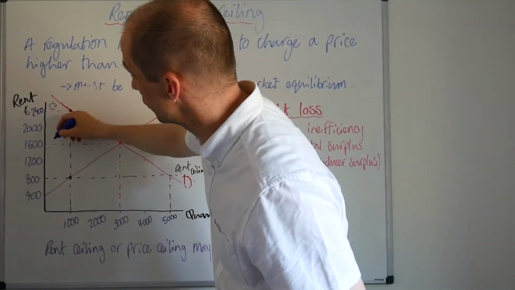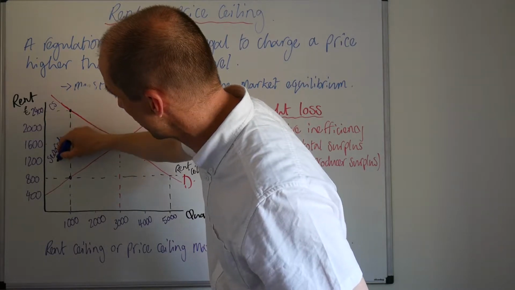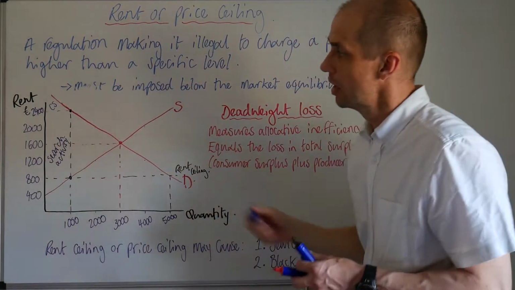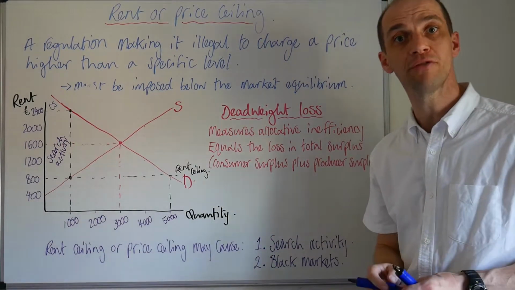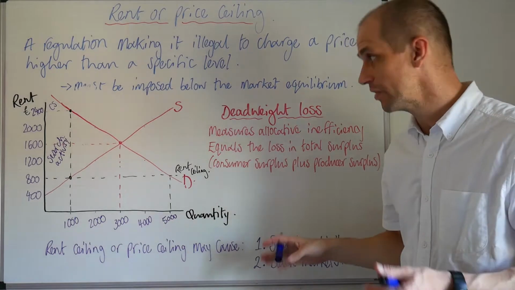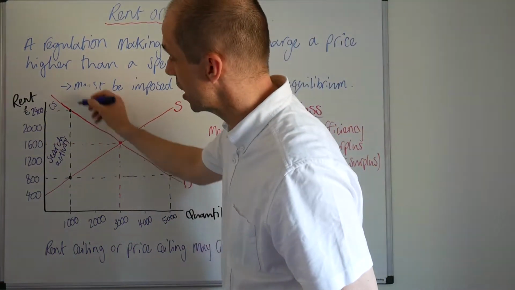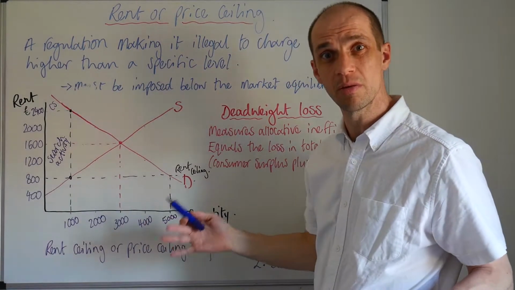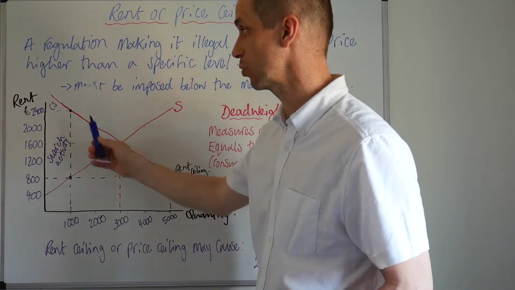Meanwhile, we can see that there is the potential search activity here throughout this area. So that's our search activity. Now, that could take up the whole of this area, possibly. Or if there isn't search activity, people just actually write their name on the list and they just wait for a property to become available, then this area here would become consumer surplus for those few people in the market that can actually find a rental property to actually live in.